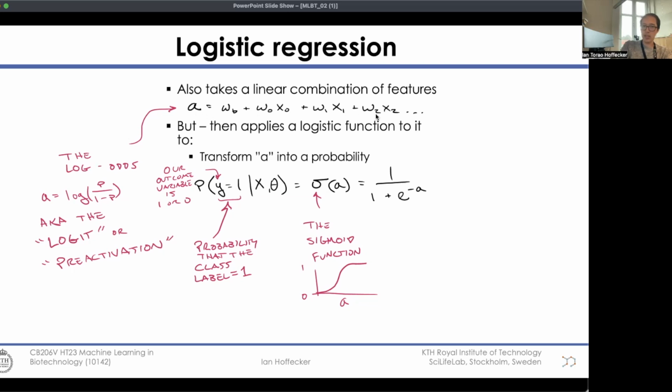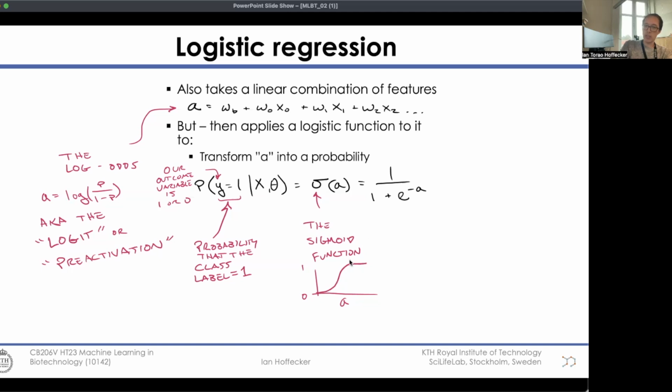And the idea here is that this linear combination of features, or a, the logit, is going to be an input into this logistic function or sigmoid function here. And so the model that we're using is transforming what would be a linear regression into a binary classifier by using this sigmoid function.